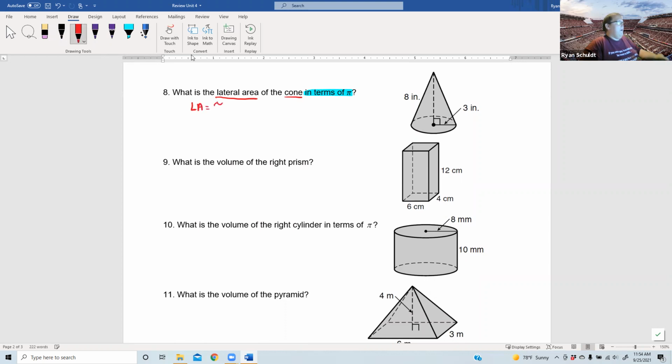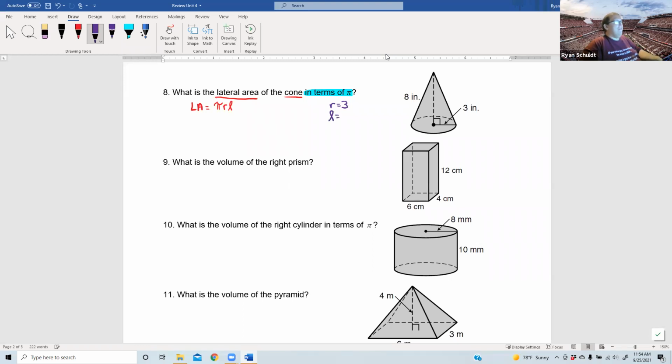It's going to be pi RL. Okay, so I need radius and I need slant height. Well, let's see here. Radius is 3. That part's clear.